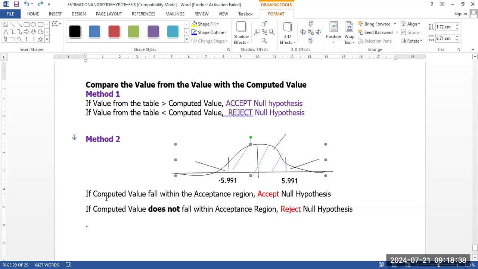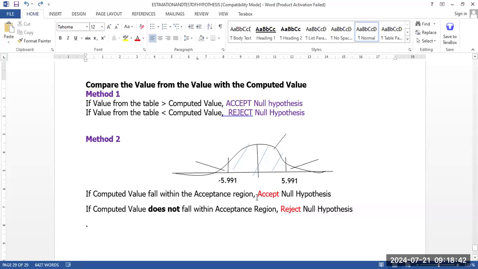And we are saying if the computed value falls within the acceptance region, if the value of your test statistic falls within the acceptance region here, then you accept what? Null hypothesis.